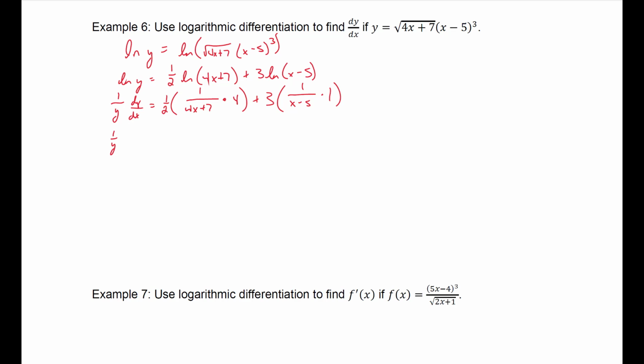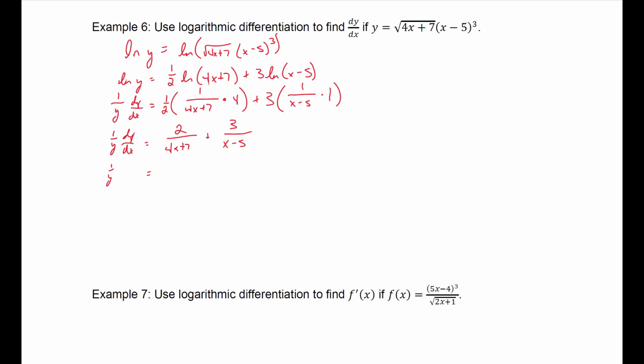So we have 1 over y dy/dx equals, now cleaning this up a little bit, 2 over 4x plus 7 plus 3 over x minus 5. And so we can go ahead and get a common denominator.